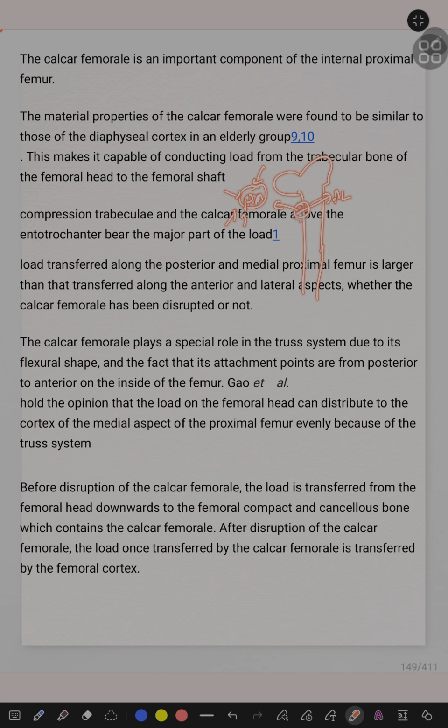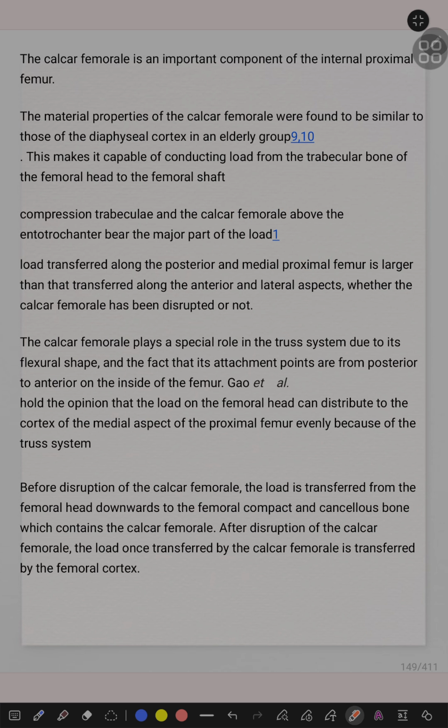So there is a chance of breaking and fracturing. That's why the Calcar Femorale, a rough structure, is there, which helps in transferring this load from the posterior medial side to the anterior lateral side, balancing the force around it. This is the whole concept.